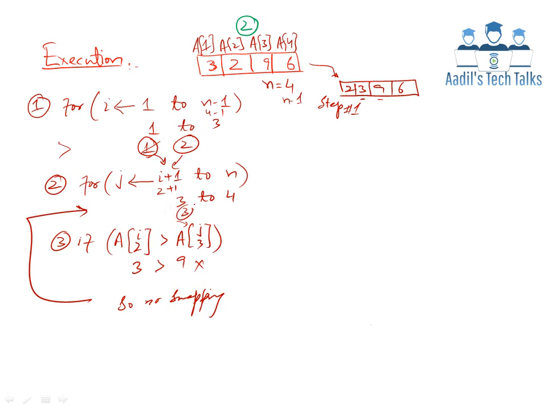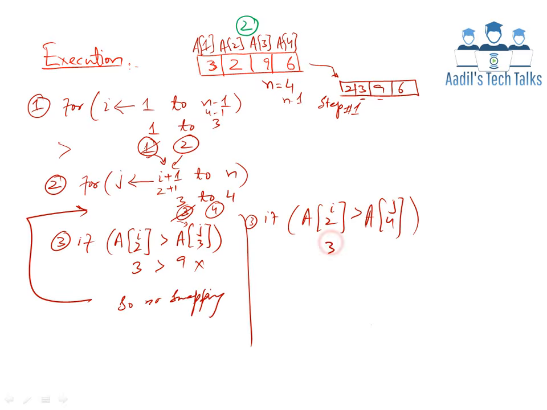So it was first 3, now it is incremented to the next value 4. If, step number 3, if A[i], i is 2, is greater than A[j], j is now 4. On A2 we have got 3, and on A4 we have got 6. Is 3 greater than 6?